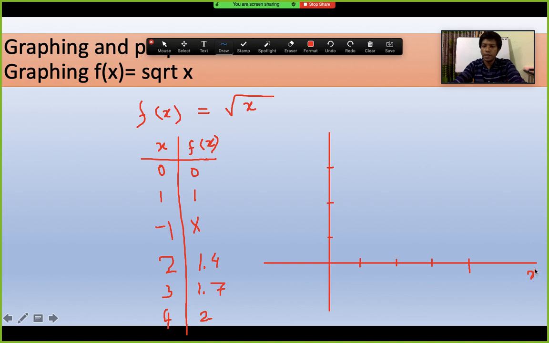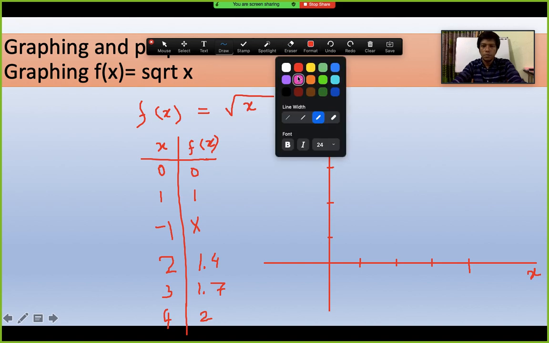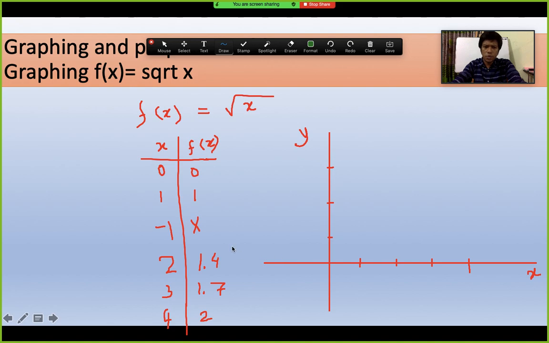This is our x-axis. This is our y-axis. For the first value, when x equals 0, y equals also 0. So this point. When x equals 1, y equals 1. This point, this is 1. One, 2, 3, like that.